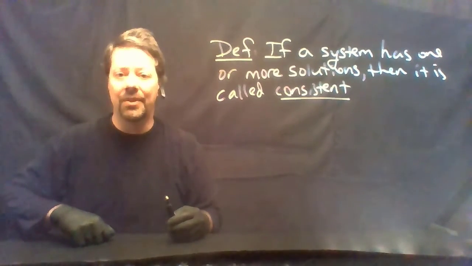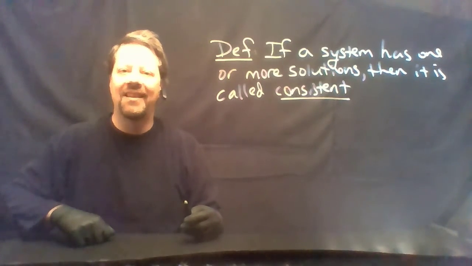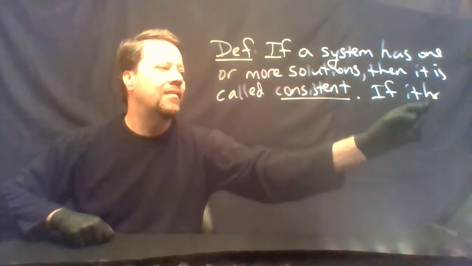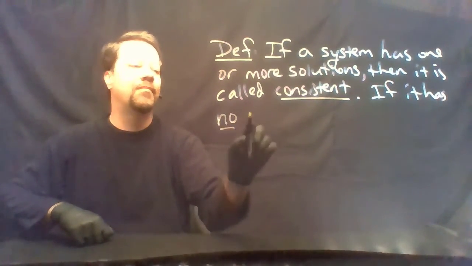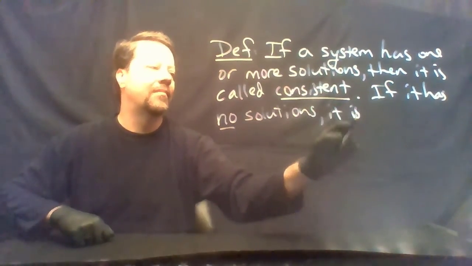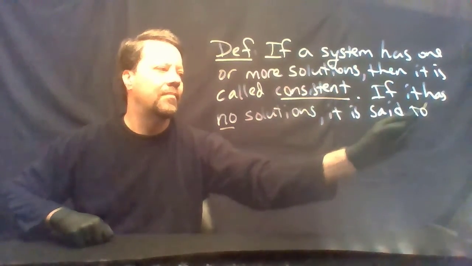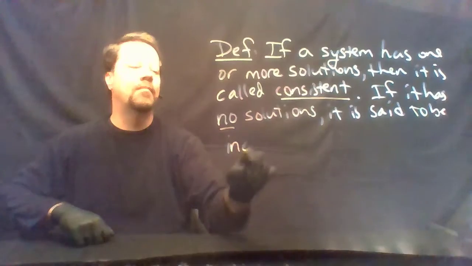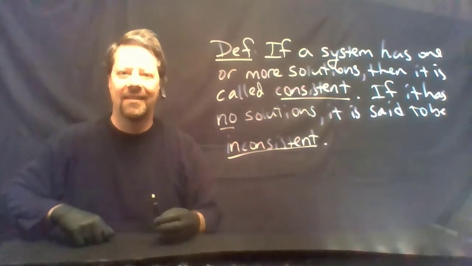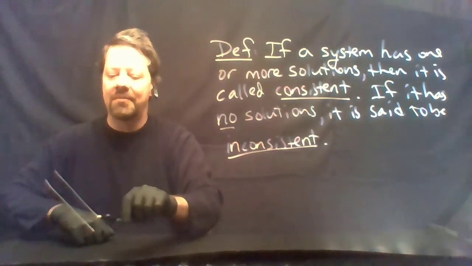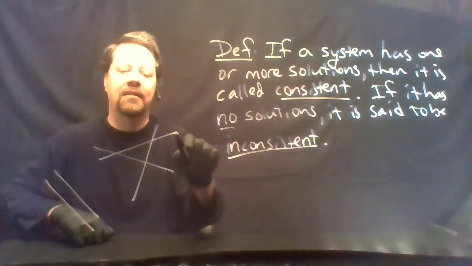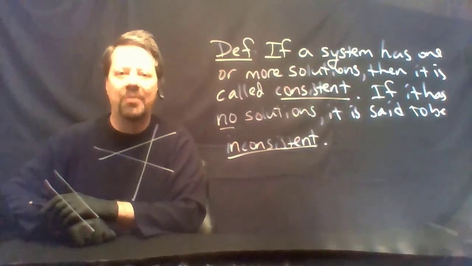If it has no solutions, the only other possibility, it is said to be inconsistent. So an example of an inconsistent system might be parallel lines, or if you have three lines, lines that do not have one common point of intersection.